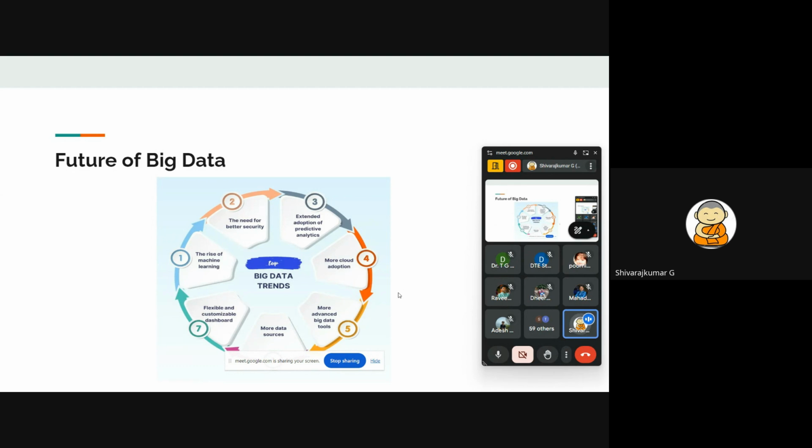Even see in education, what will happen? The document clouds, like the Aadhaar card, everything will be stored in an app. So wherever we go, we can access it. When the technology is growing, we are collecting the data.